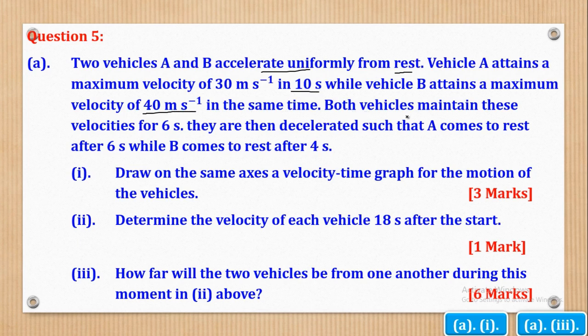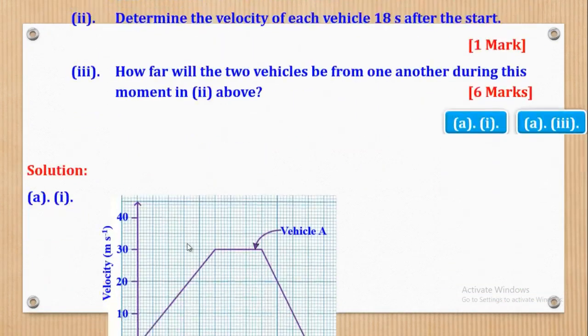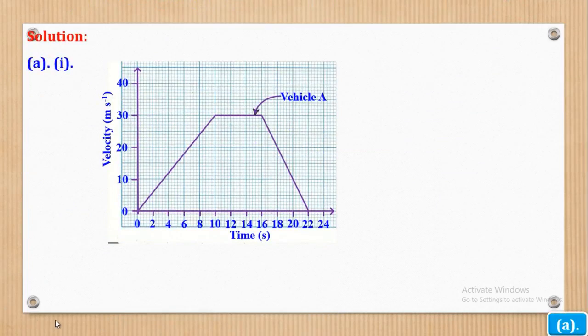Then it also maintained the speed for 6 seconds and then decelerated to rest after 4 seconds. So this one used 10 seconds to accelerate up to a velocity of 40. So we are going to draw a straight line from here up to here using a ruler. So let's do that.